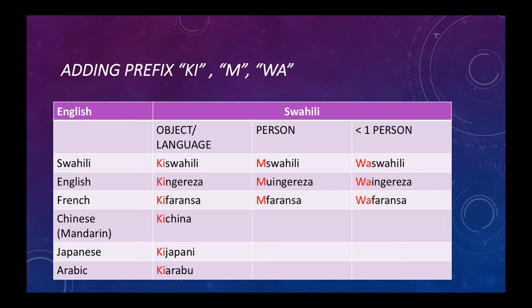Same thing with French, Kifaransa, Mfaransa, Wafaransa. I recommend you complete the remaining 3 languages, Chinese, Japanese, and Arabic, by adding the prefixes. You can pause the video to complete this activity.